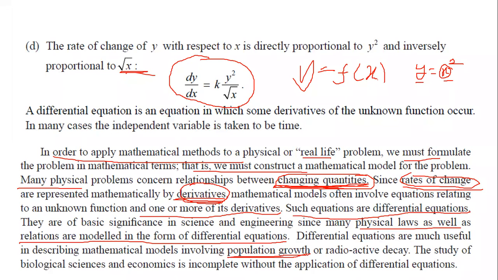Population growth is usually in exponential order. Or radioactive decay, which is based on signals and systems, some signal problems or electronic based problems.